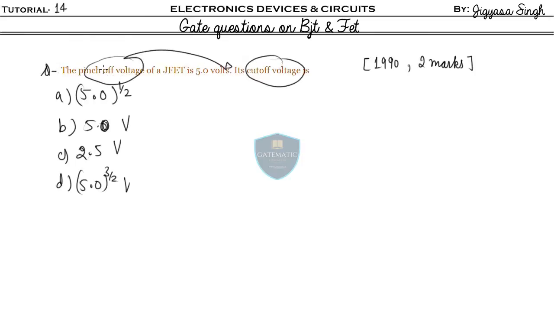If you've seen the graph, our pinch off voltage is our cutoff voltage. It's just a matter of characteristics. In the characteristics, if you see, they overlap each other. So the answer is B.